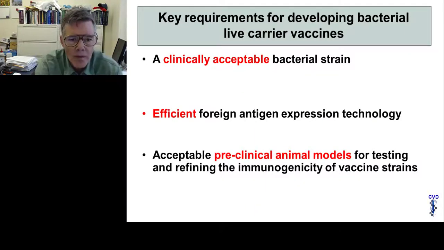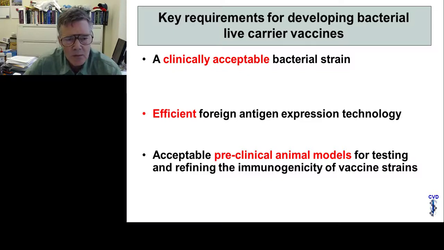So what are the key requirements for developing bacterial live carrier vaccines? Well, first of all, since our vaccines are intended for human vaccination, they have to be clinically acceptable. In other words, they have to be safe and immunogenic. We started out this project many years ago with CVD908-htrA, which has been proven safe and immunogenic in phase 2 human clinical trials.